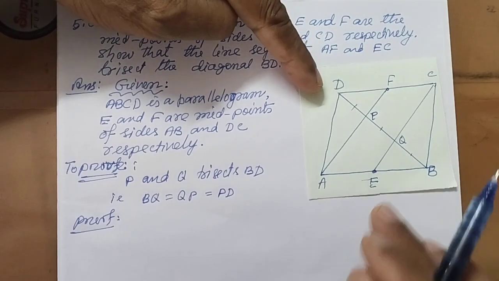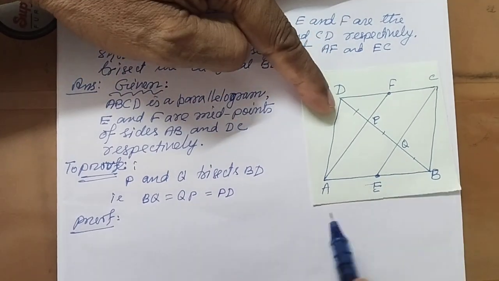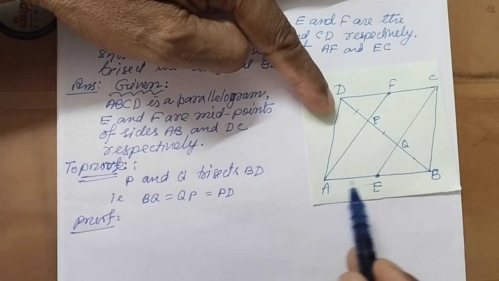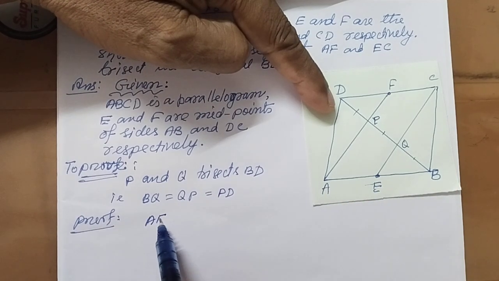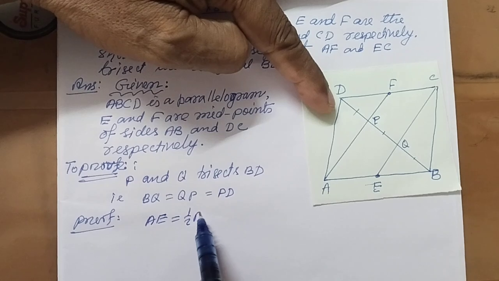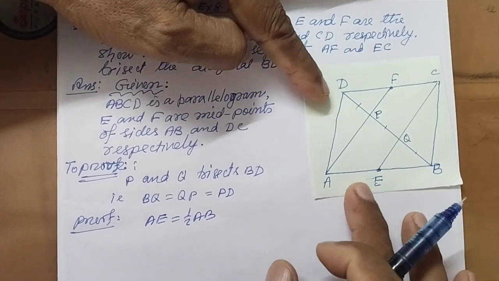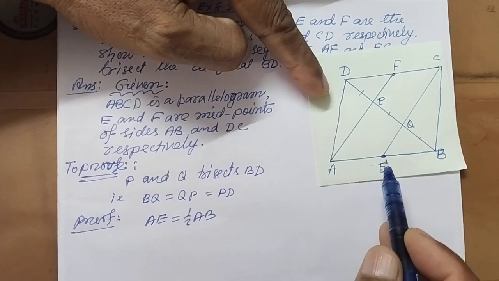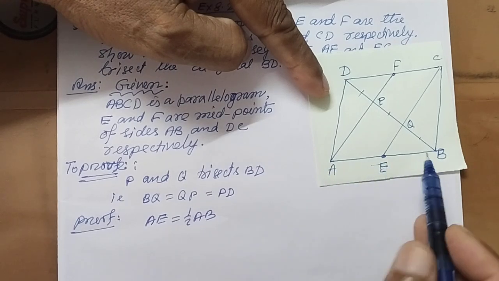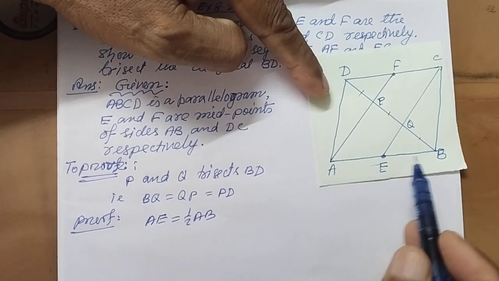First step. See, AE is half of AB. We can write AE is equal to half of AB. What is the reason? The reason is E is midpoint of AB, so AE equal to EB. That means AE is half of AB.